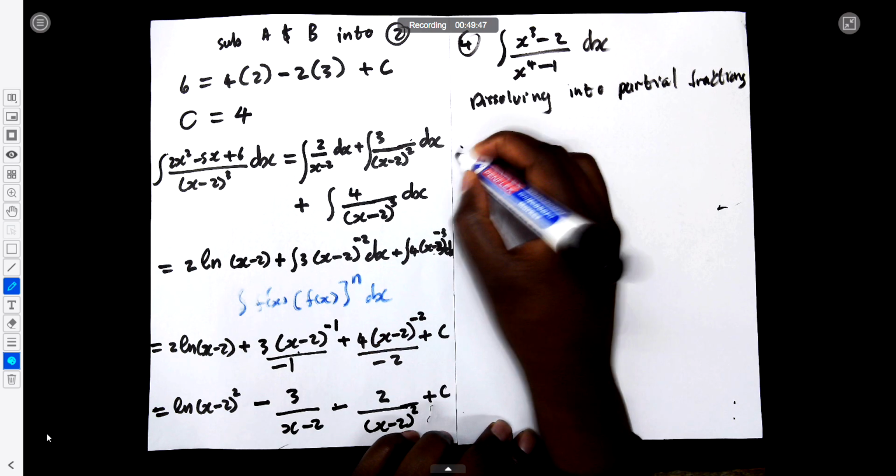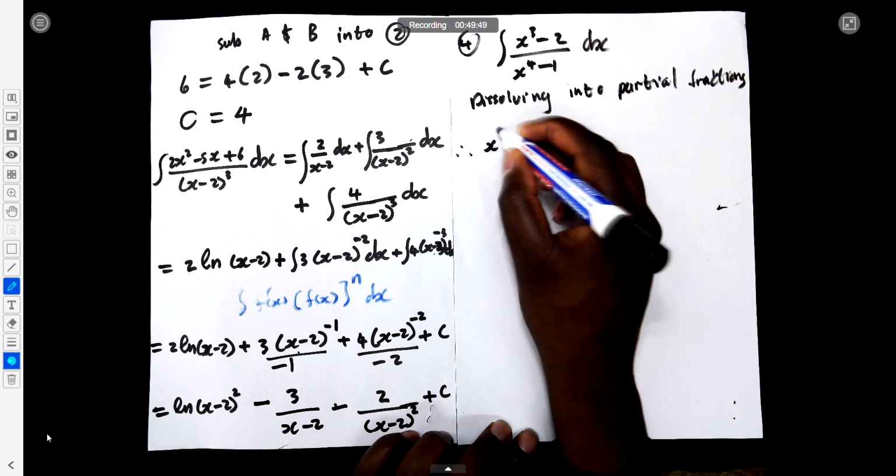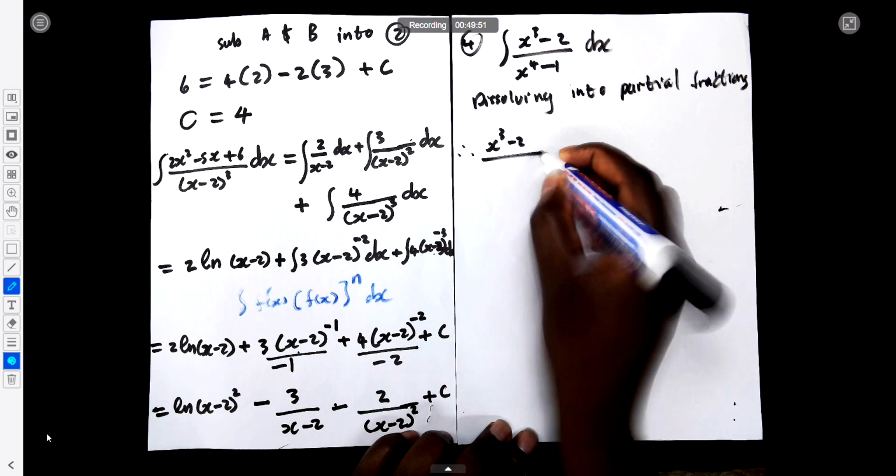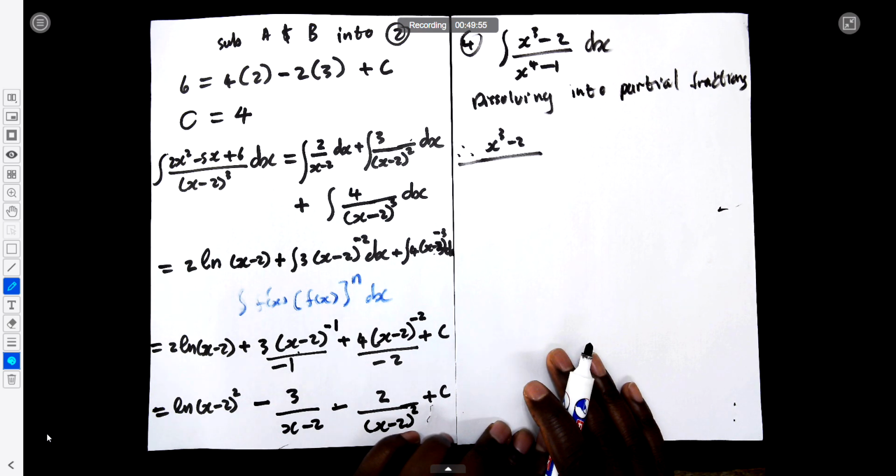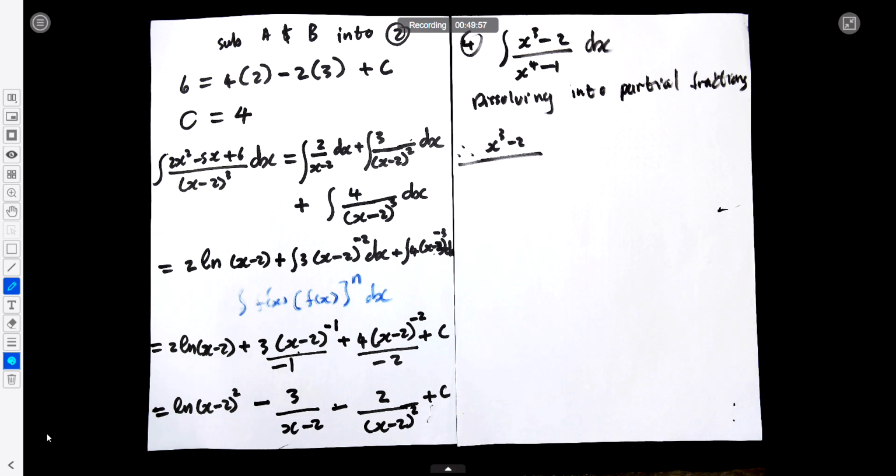So therefore, we'll state that we will have x cubed minus 2 all divided by, let us try and factorize the denominator. Not to waste time, obviously we'll have 3 factors.